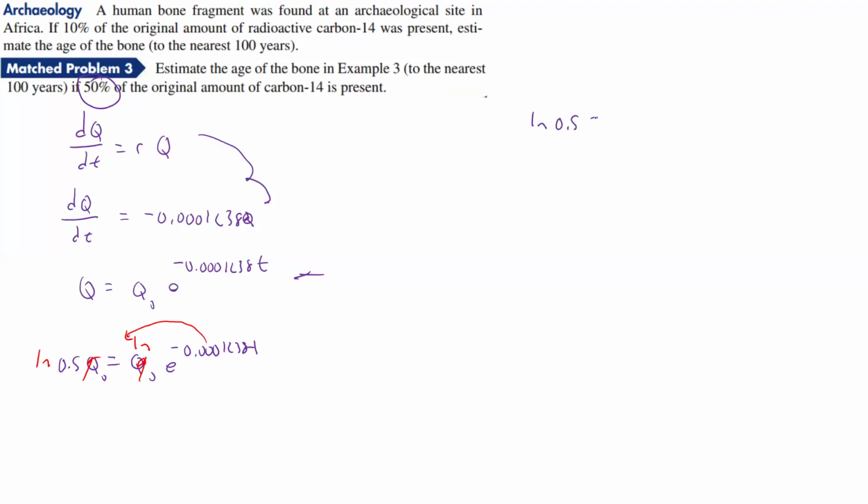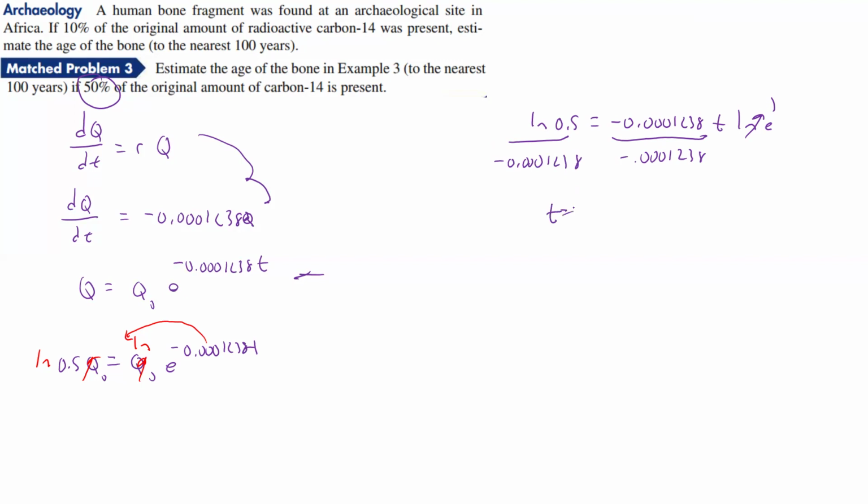So ln of 0.5 equals negative 0.00012338 times t times ln of e, and ln of e is just 1. Divide that by negative 0.00012338.